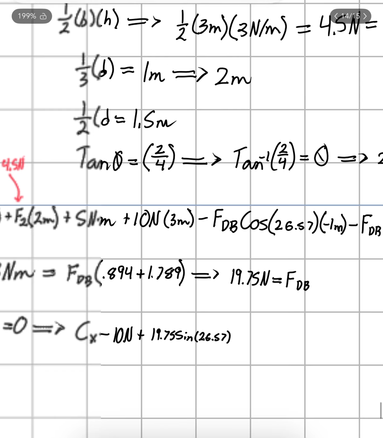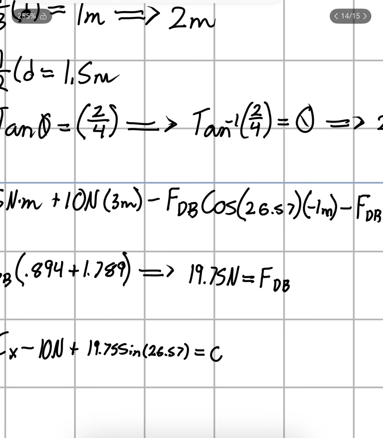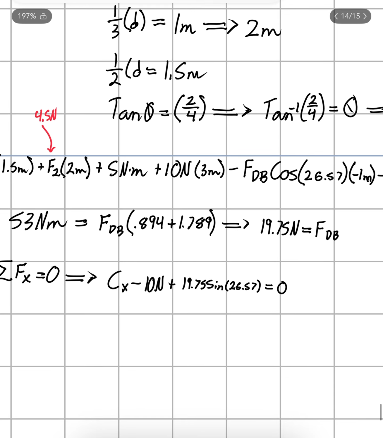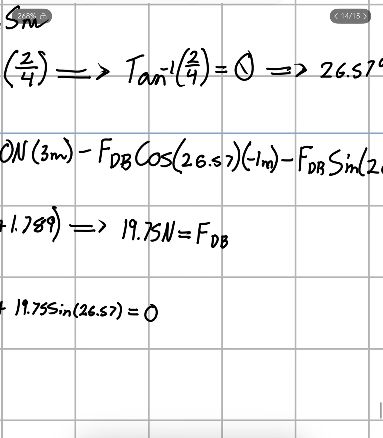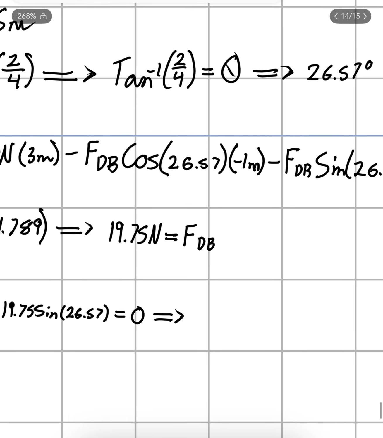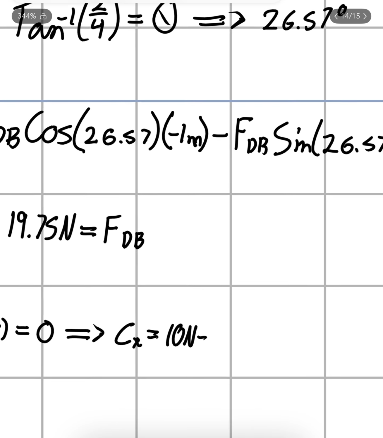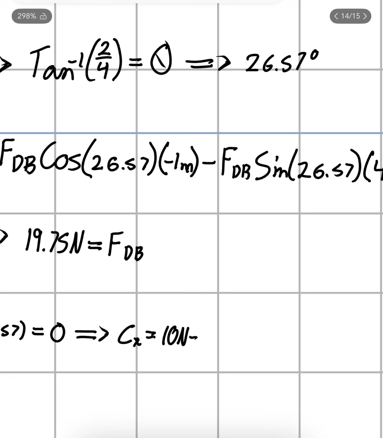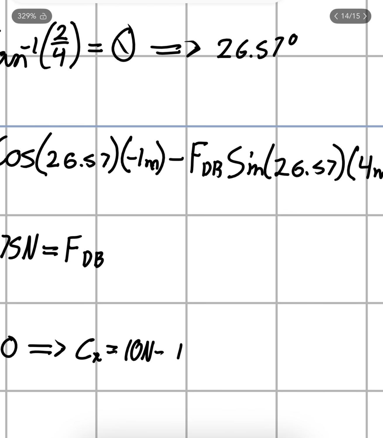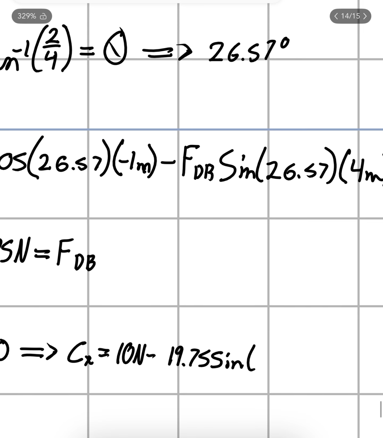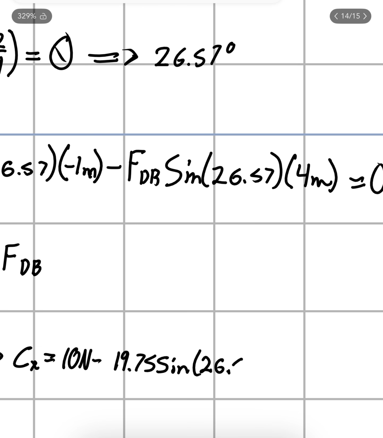And that's all the x values we have. So set that equal to 0. When we rearrange the equation, we find that Cx equals 10 newtons minus 19.75 sine 26.57 degrees.